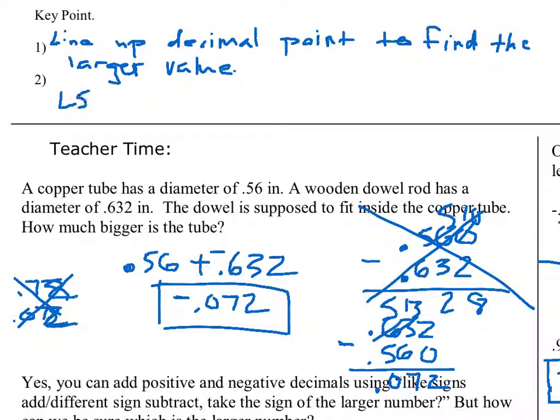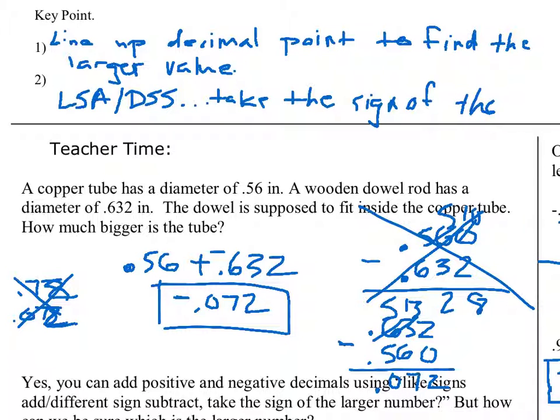Boom. There you go. Like signs add. Different signs subtract. And as always, the most important and most likely missed part is take the sign of the larger number. All right. Wonderful, fantastic key points for today.